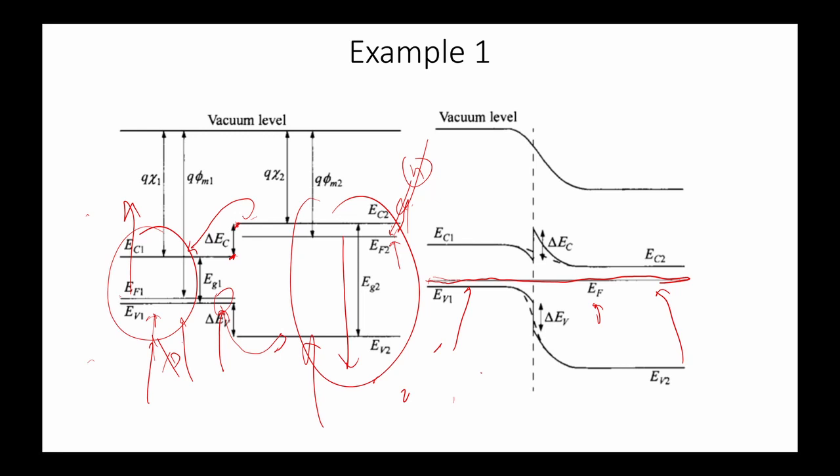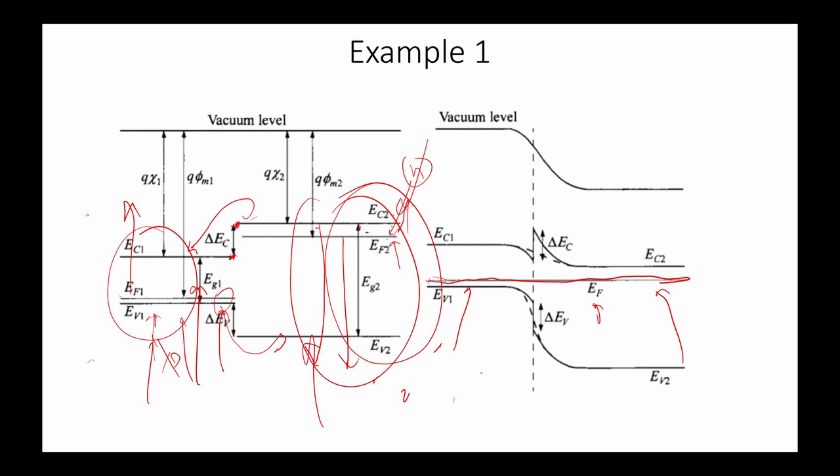So these bands will align accordingly to make the Fermi level constant throughout the junction, the compound semiconductor or heterostructure. These points won't move, and in this region there won't be any effect, so the difference between the Fermi level and the conduction band will be the same. This side moves down, keeping this point constant, and this moves up, keeping these two points constant.